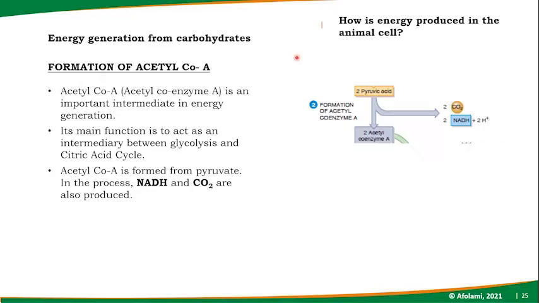The second step is the formation of a metabolic intermediate that we call acetyl-CoA. After glycolysis, the pyruvic acid produced is used to form acetyl-CoA, and acetyl-CoA formation produces carbon dioxide, but it also produces 2 molecules of NADH.